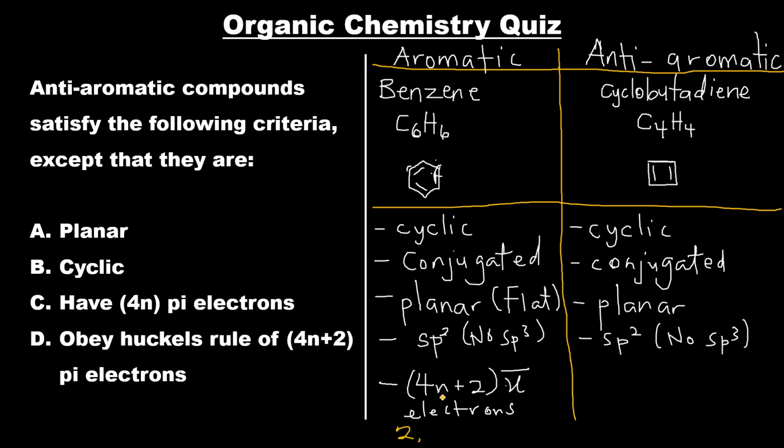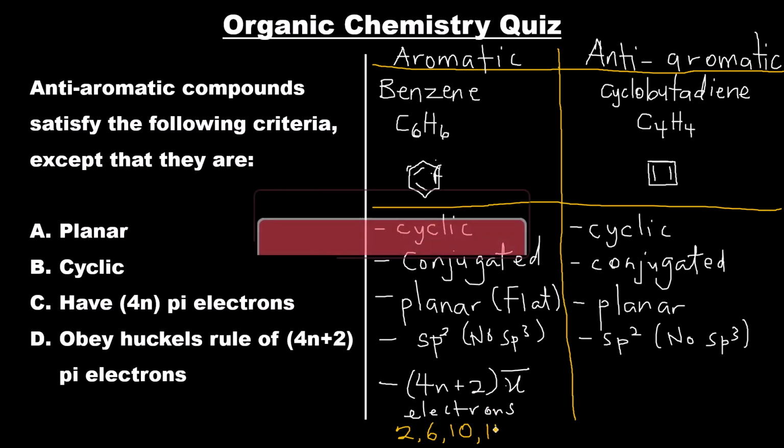What about if n is 1? If n is 1, 4 times 1 is 4 plus 2. That gives us 6. If n is 2, 4 times 2 is 8 plus 2. That gives us 10. If n is 3, 4 times 3, 12, 12 plus 2, 14.